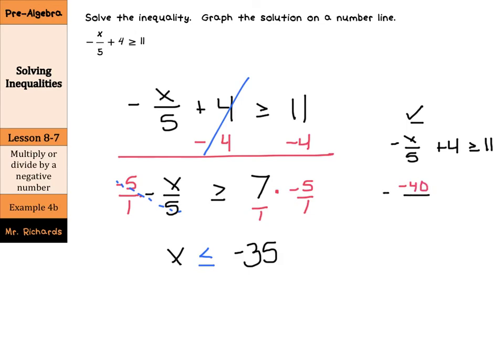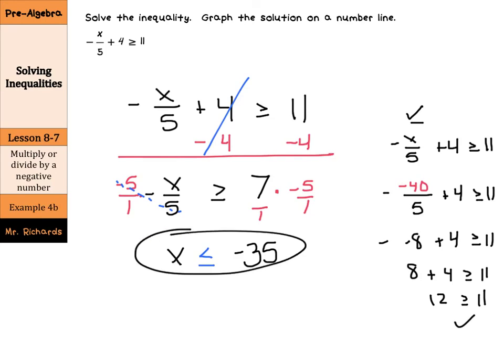So the negative of negative 40 over 5 plus 4 needs to be greater than or equal to 11. So the negative of negative 8 plus 4 needs to be greater than or equal to 11. Well, this whole negative thing just turns into an 8 plus 4 needs to be greater than or equal to 11, and sure enough, 12 is greater than or equal to 11. So this checks out that x is going to be less than or equal to negative 35.